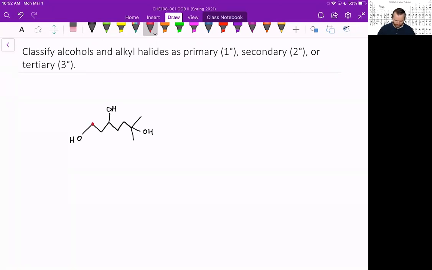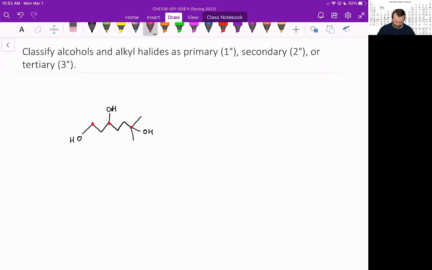So this is a triol. It's got 3 hydroxyl groups on it. And I'm just highlighting the carbon atoms in the skeletal structure that are bonded directly to hydroxyls. And our hydroxyl on the left, the carbon that I've highlighted in red there is bonded to one other carbon.